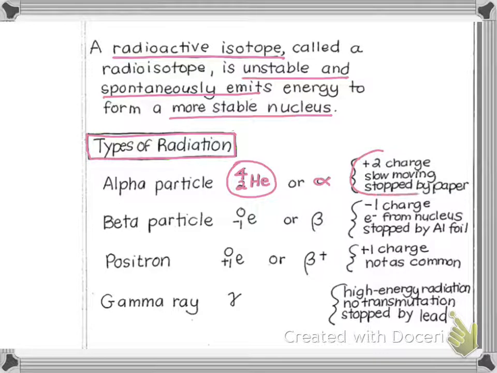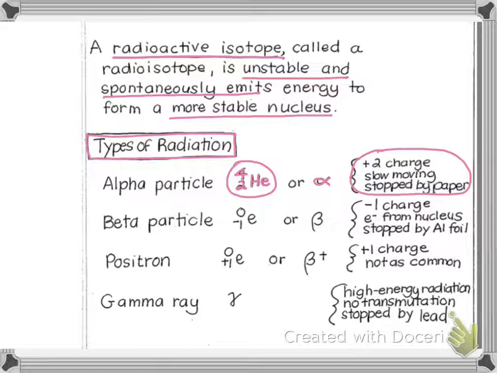An alpha particle is relatively large compared to the other particles. It has a 2+ charge, it's very slow moving, and it can be stopped by paper. Alpha particles, when next to your organs, can do a lot of damage, but they really can't penetrate the skin.